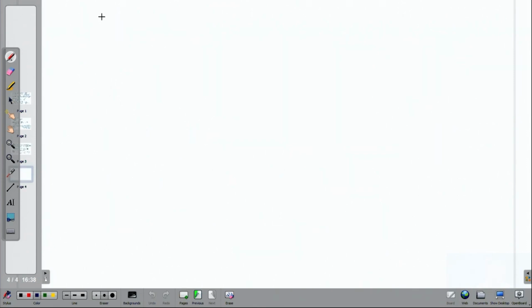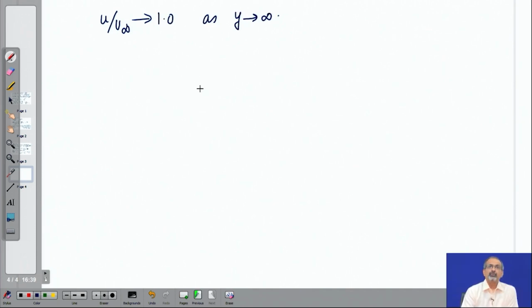Now, we already said before that u by u infinity approaches a value of 1 as y tends to infinity. But for practical purposes, it is customary to select the boundary layer thickness delta at a point where u by u infinity is approaching a value of 0.99.